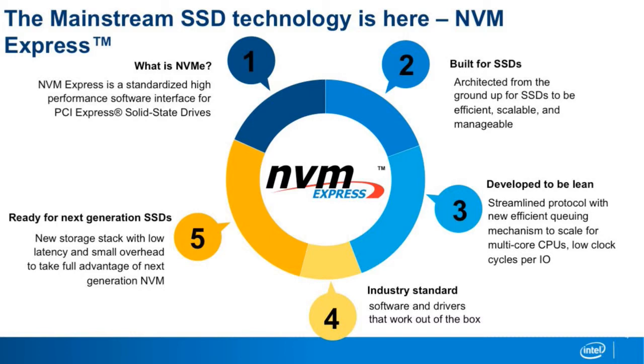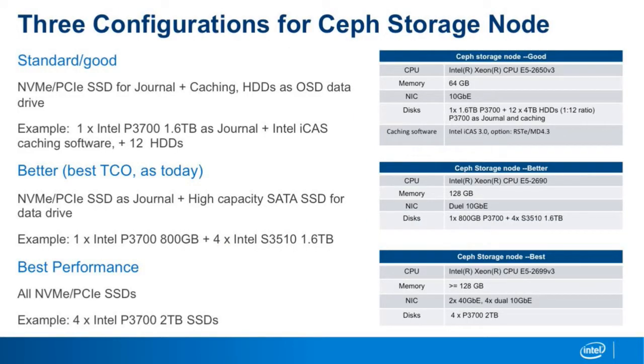Especially for OpenStack and the open source community. So these are the 3 configurations we're going to talk about today for Ceph, per storage node. We think of them as good, better, best. The first one uses a PCIe NVMe SSD as journal, plus you can do OSD caching.